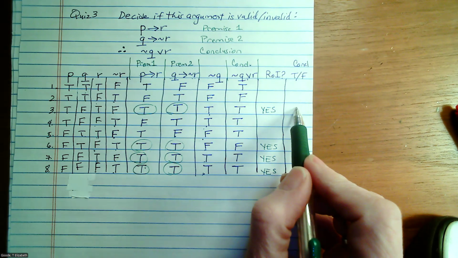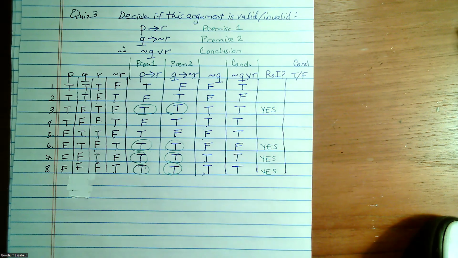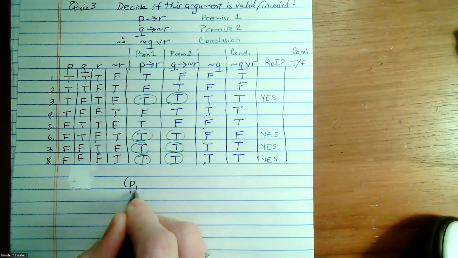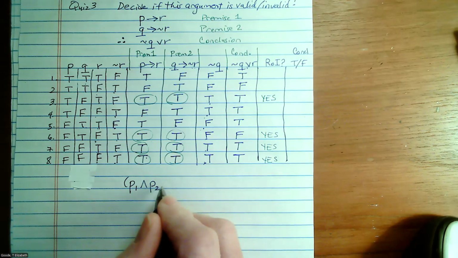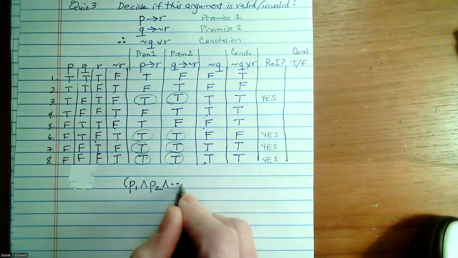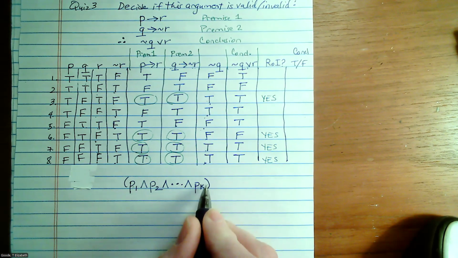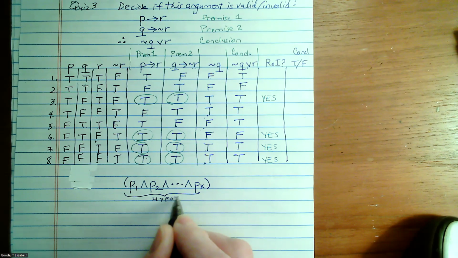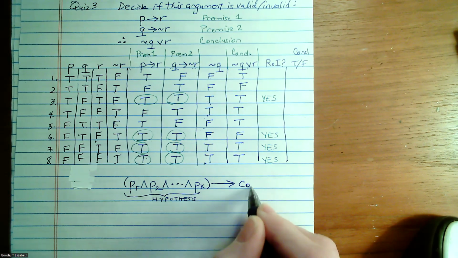We're going to check and make sure that the conclusion is true, because remember, an argument form says if we have the first premise true and the second premise true, we only have 2 here, but we might have more, if all the premises are true, then the conclusion must be true. That's why we have to check for those rows where all the premises are true, and then we check for the conclusion.